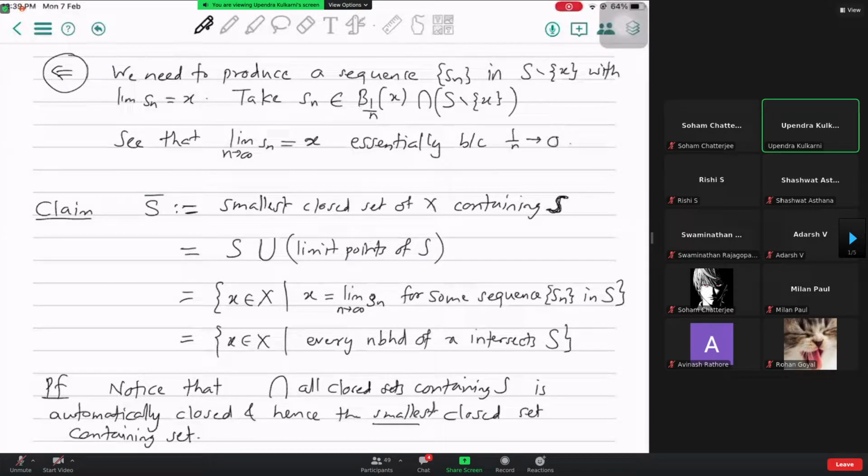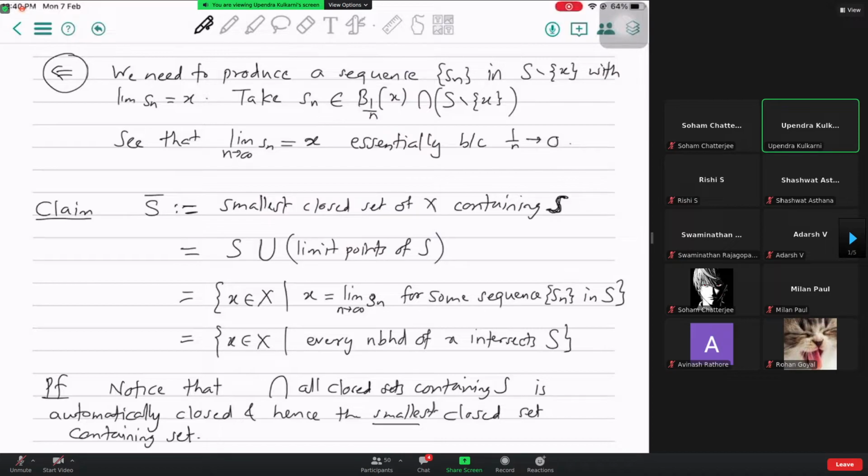So this is just set theory. You see, because if I call this intersection, let us say T, then T is an intersection of all closed sets containing S. But T is also one such set, you see. Because the intersection of all closed sets containing S will still contain S. And it is closed.